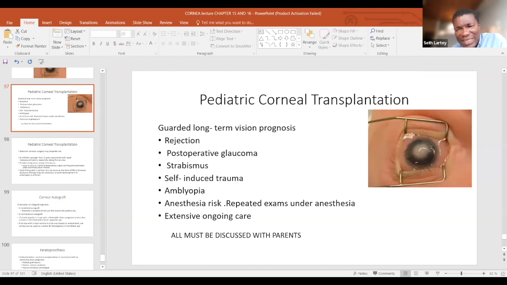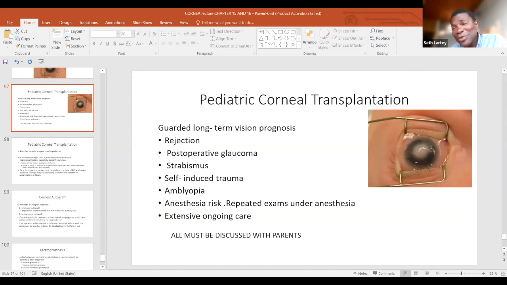So transplants in children are better if you do a lamellar transplant, so you reduce the risk. But you need to have a good discussion with the parents, with mom and dad, and walk them through the difficult years ahead. Mom and dad must work together with you to make sure you have the best outcome possible.